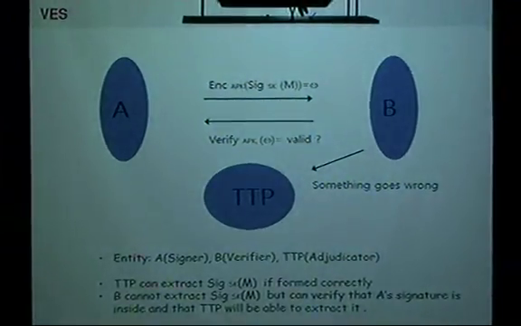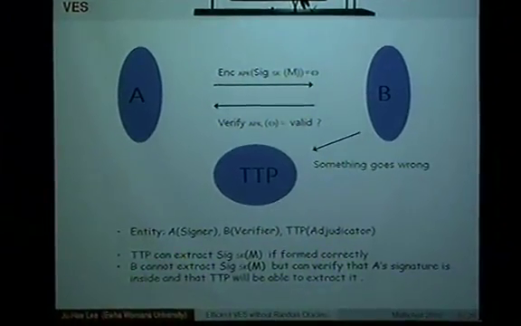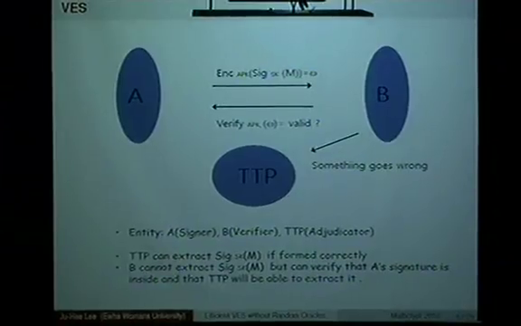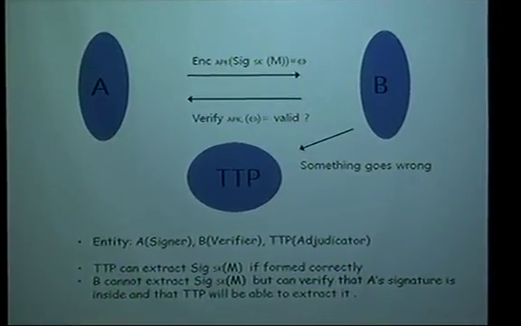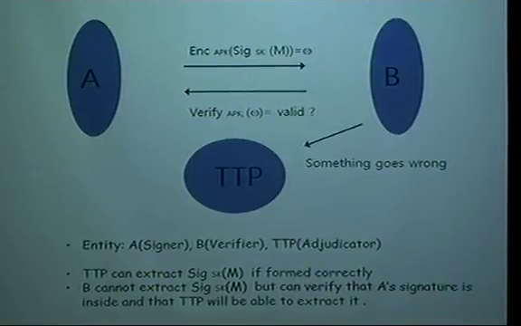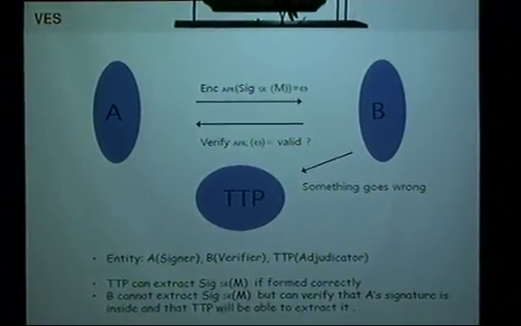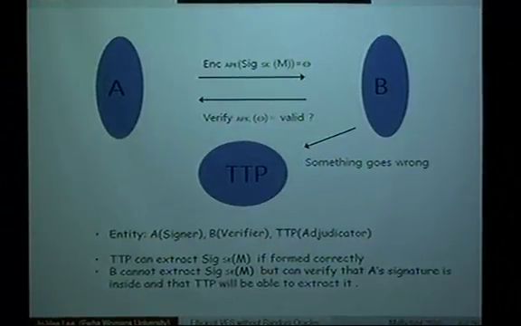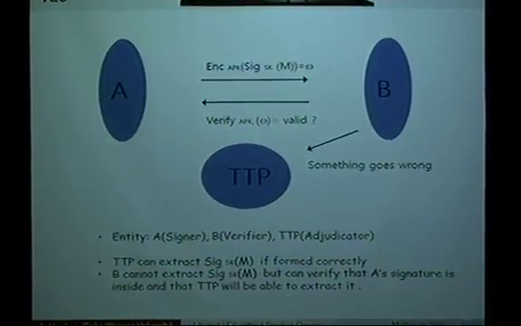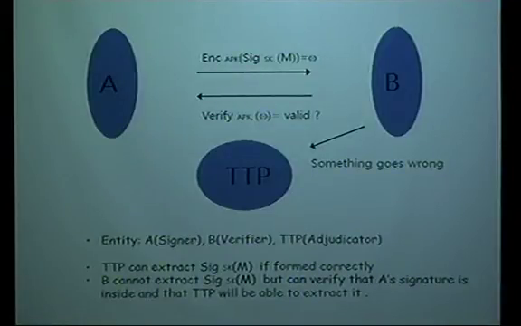Simply examine the algorithm. A signs a message, and then B verifies the VES by using the APK. This is the point. B verifies the VES by using the APK, and then if something goes wrong, the TTP will be able to extract it by using his private key.